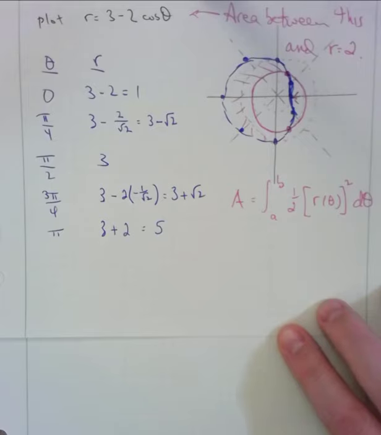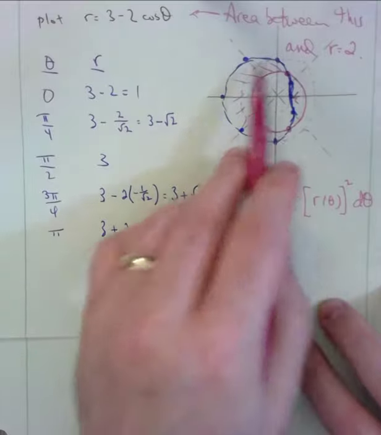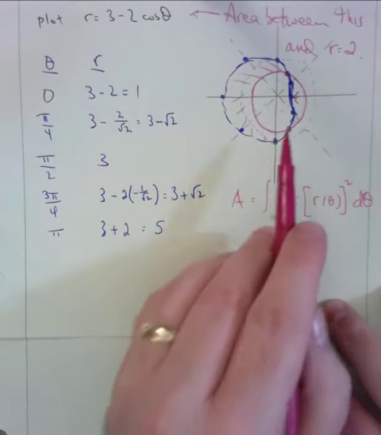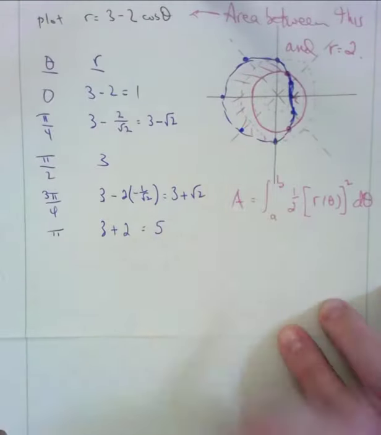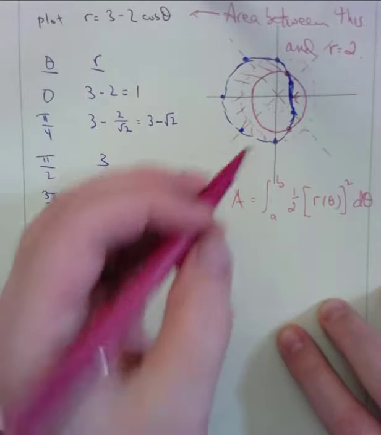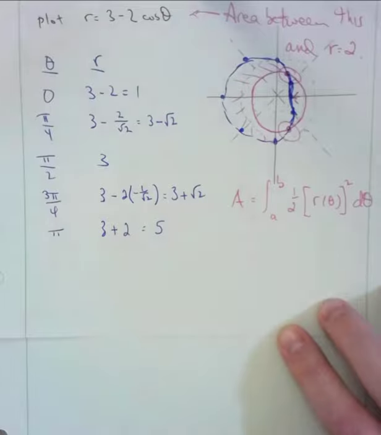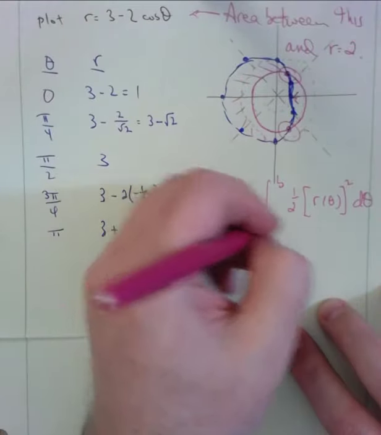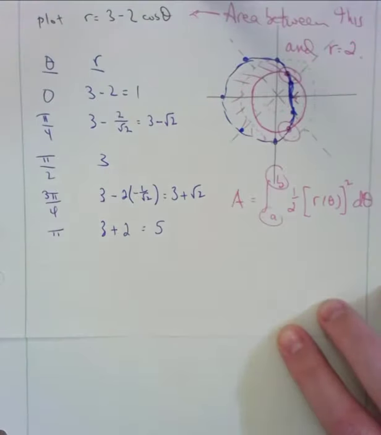If we want an area in between two curves, we'll take the area inside the larger one and subtract away the area inside the smaller one. So we'll do the integral of 1/2 of the blue curve squared minus 1/2 the red-ish curve squared, once we've discovered these 2 points of intersection, because those are going to be our limits.